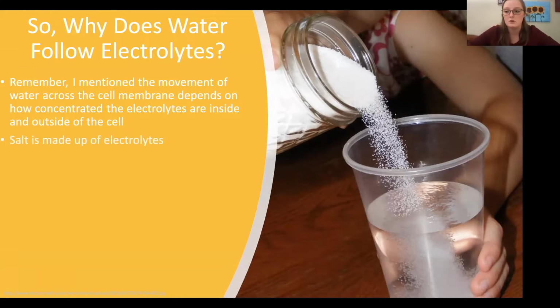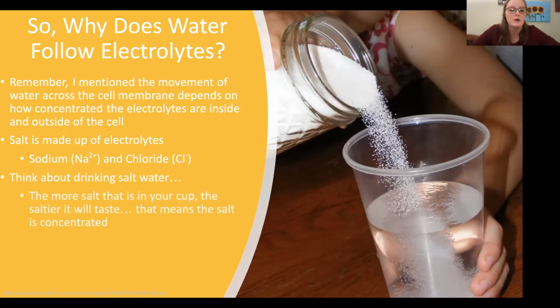Table salt is made up of sodium and chloride, which I mentioned earlier were a couple of these big ones we're talking about. 1 sodium ion, excuse me, and 2 chloride ions. Now think about drinking salt water. Some of you may live near an ocean and you know how salty salt water is.